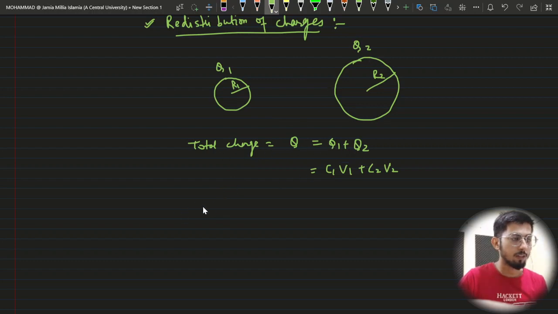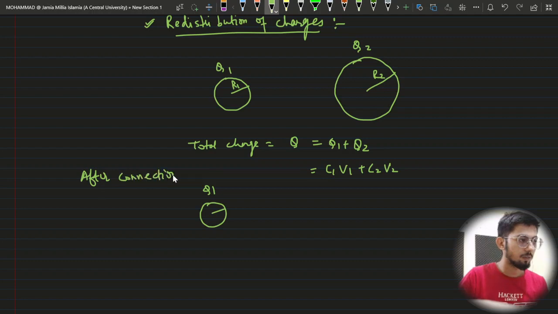So after connecting, let's say this has a charge Q1 dash.